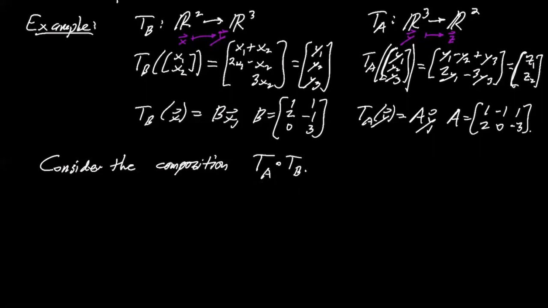So if we do B, we could write it this way: we have T sub B, and then we end up in R3, and then we do T sub A, and then we end up back in R2. So that's the composition.